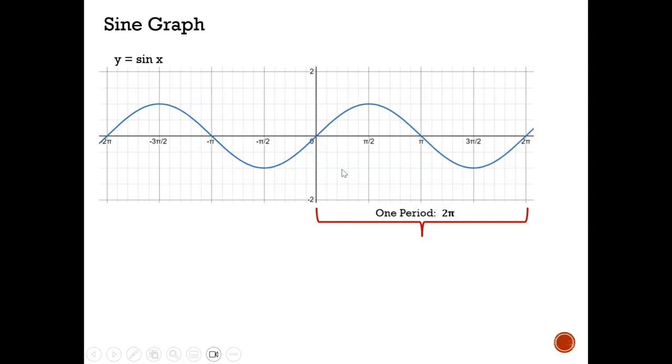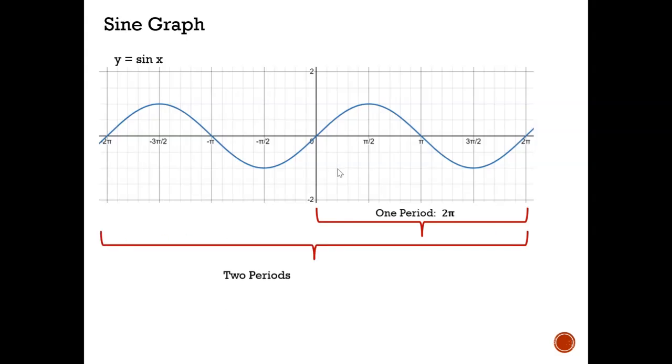Most of the time for the homework and also in the book, they want you to graph 2 periods, which will be a total of 4 pi, because from 0 to 2 pi is 2 pi, and then from negative 2 pi to 0 is another 2 pi. But for the sake of simplicity, I'll be graphing only 1 period. If you notice 1 period, then it continues on the same pattern.